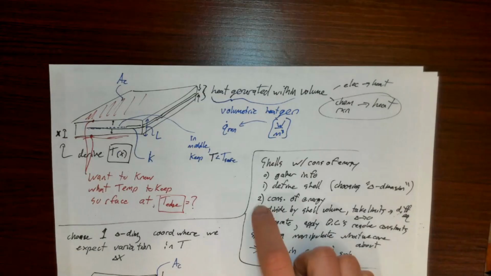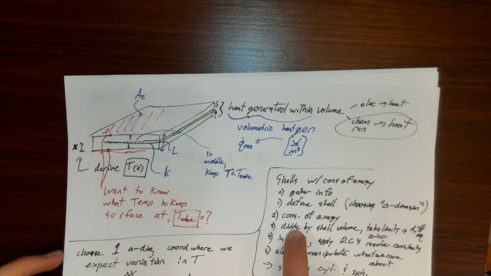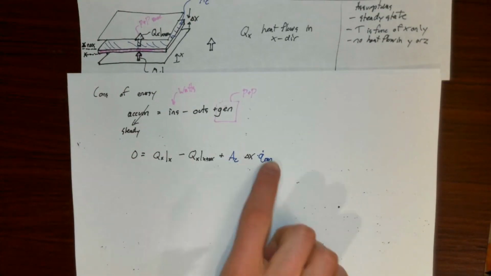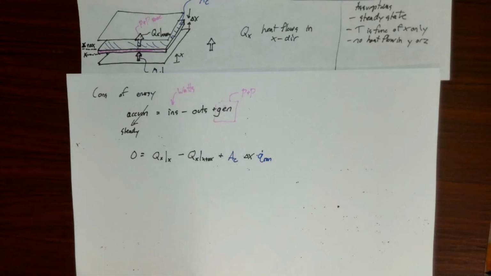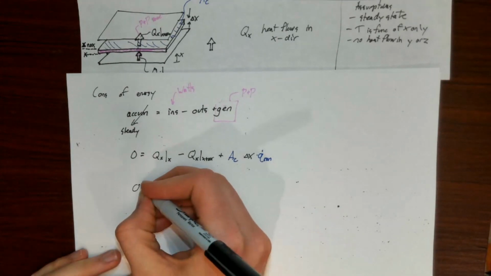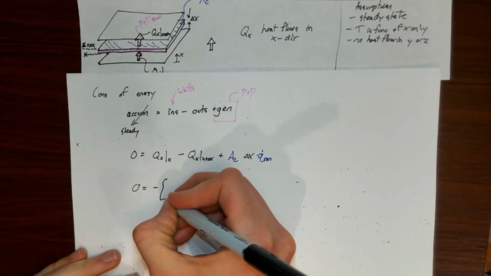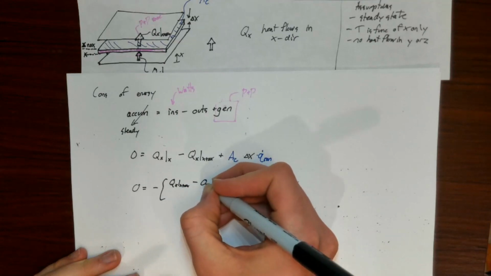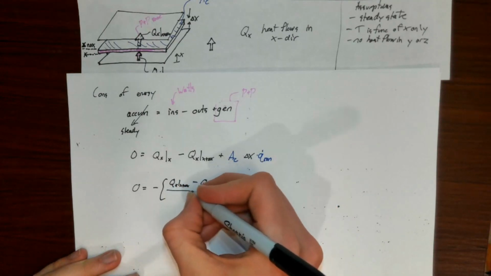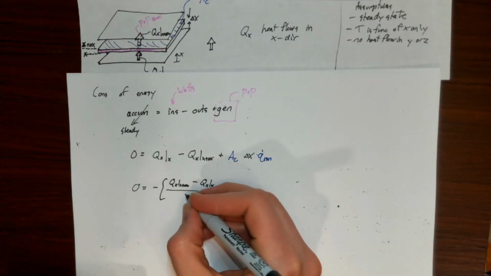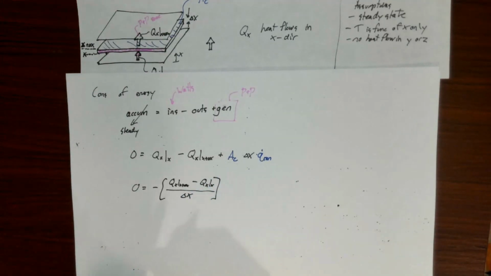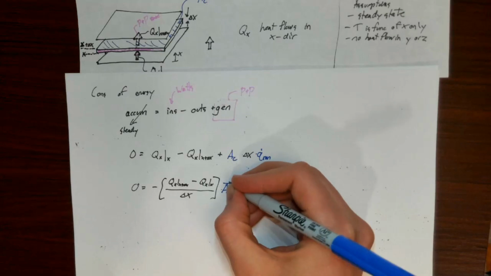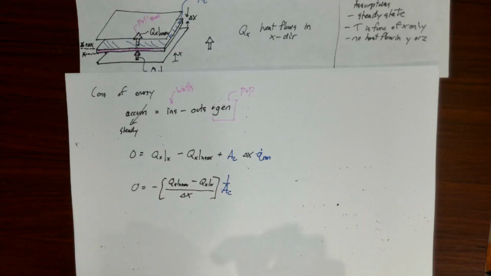So now I've successfully applied conservation of energy. What's the next step? Take this equation, divide by shell volume, and take limits. I can divide by shell volume and do a little rearranging. When I do that, I end up with 0 equal to minus Qx evaluated at x plus delta x minus Qx evaluated at x, divided by delta x, and I divided by shell volume, so I have a 1 over Ac multiplying this as well.